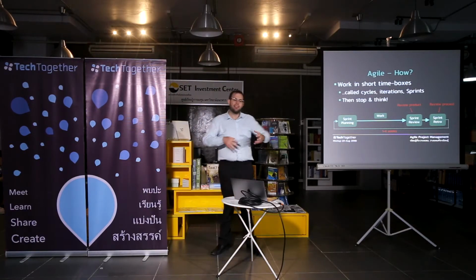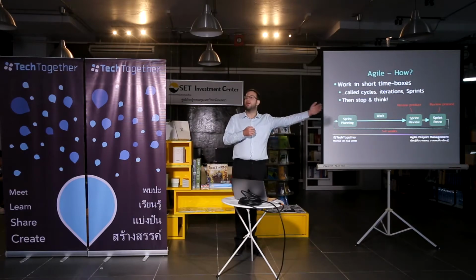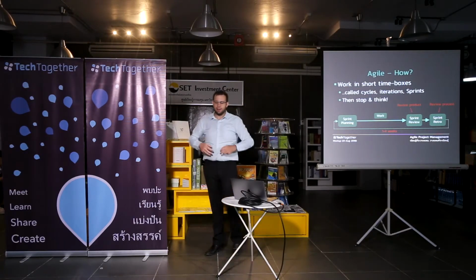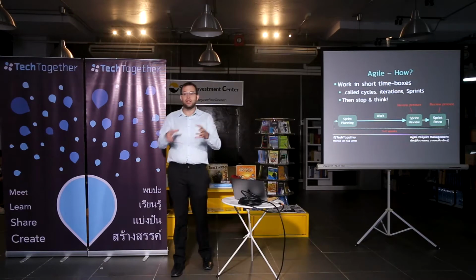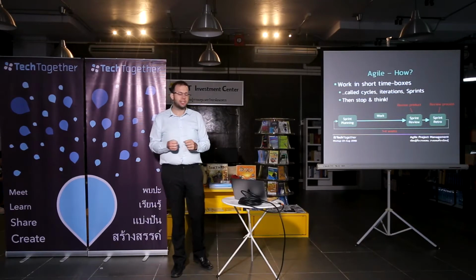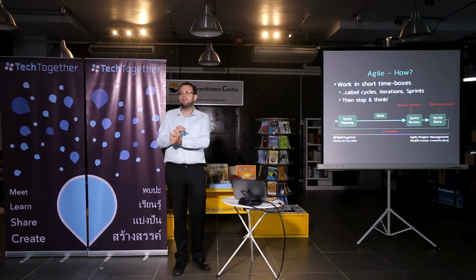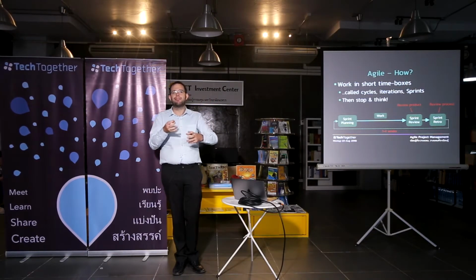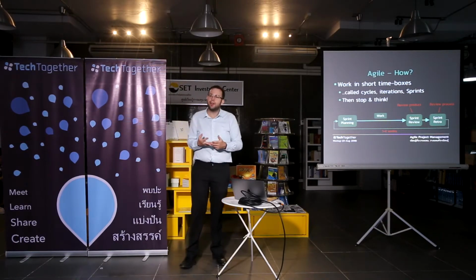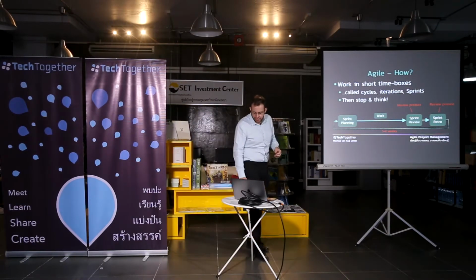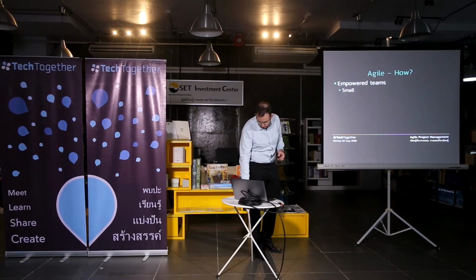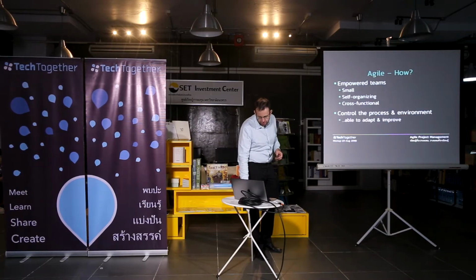So one day they might think, this is where we're going for the next 3 sprints. And then you discover something, and they say, actually, we're going to go over here, we're going to build this instead. Scrum Master is a facilitator, someone who gets rid of problems, supports the team, that kind of thing. And the development team is the same that I had on this slide.